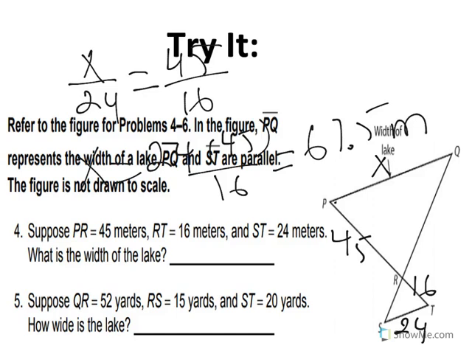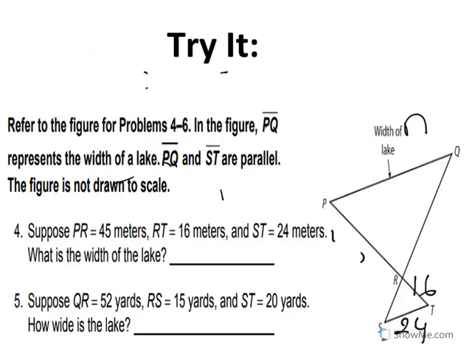Right? Okay, so let's go on to number 5. So I'm going to erase all of this. Okay, so for number 5, we're given that QR is 52 yards, so the label is 52, and RS is 15, and ST is 20, and we need to solve for PQ.